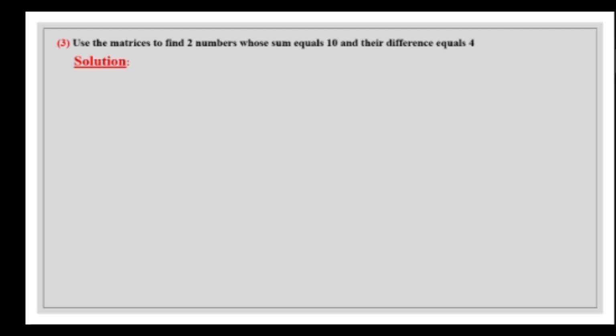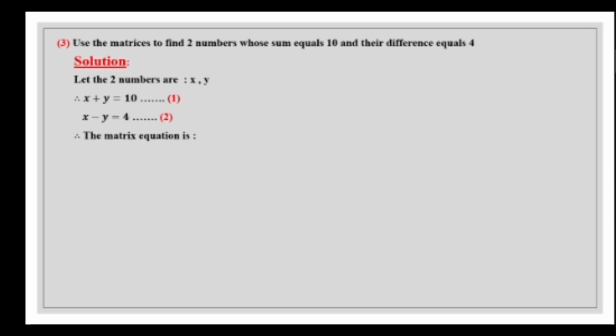Solution. Let the two numbers be x and y. Therefore x plus y equals 10. That's equation number 1. x minus y equals 4. That's equation number 2.